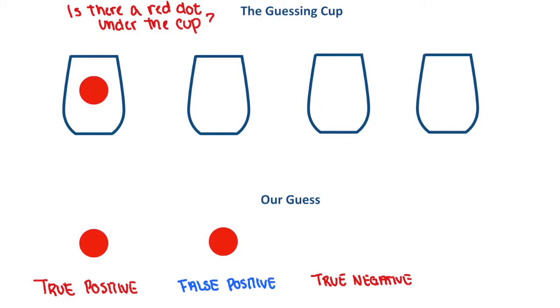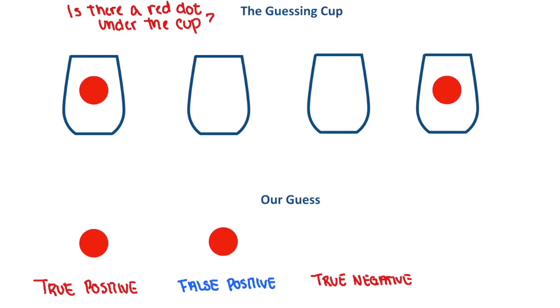Now for the fourth cup, again, we're kind of going in the same direction for this. Let's imagine that we think, okay, there's probably not a red dot in this cup. And then again, if we turn over that fourth cup, let's imagine that we find a red dot there.